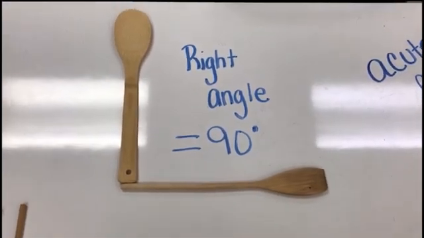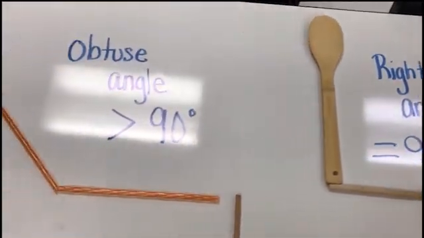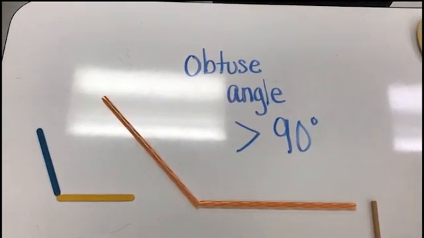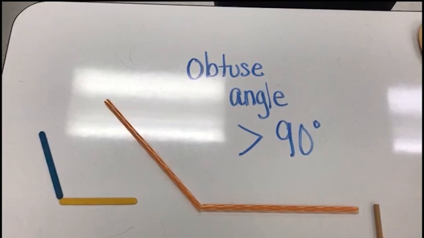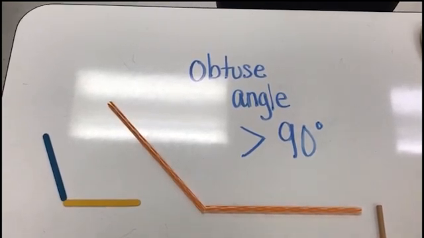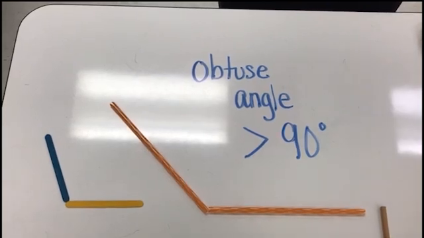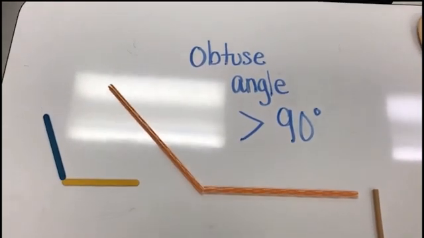Be creative, you can use all kinds of things. The next angle that we've been talking about is the obtuse angle, and it is greater than 90 degrees. So it's a big angle. We have a cute little right angle, and then the big obtuse angle.